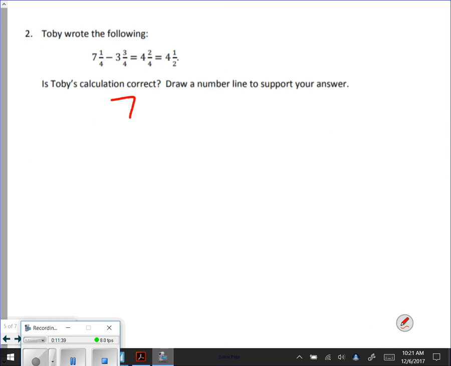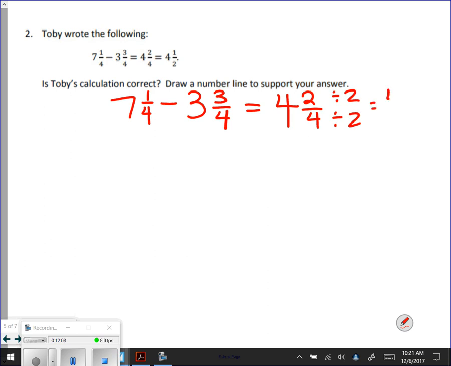What he is saying is if you do 7 1/4 and you subtract 3 3/4, he says that you should get 4 2/4, which would simplify, which is actually equal to 4 1/2. Is he correct?